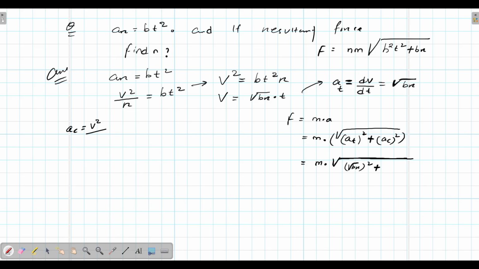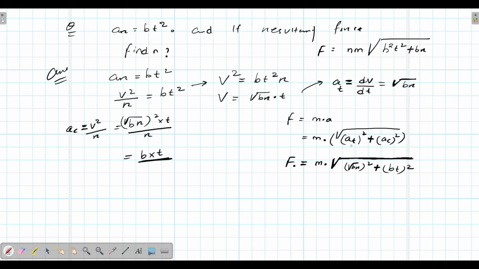So that equals b r, root b r whole square into t divided by r, so this is b t whole square. That is the resultant. Force equals mass into acceleration, tangential is root over of b r square plus b t whole square.